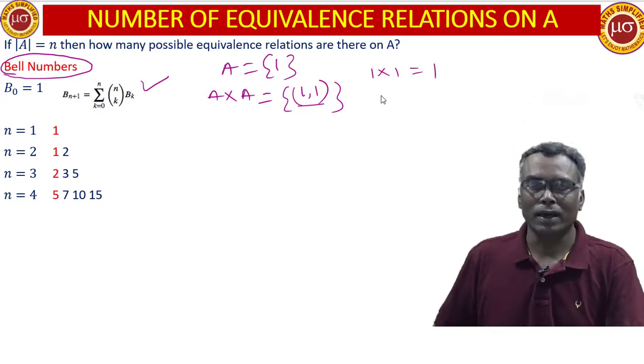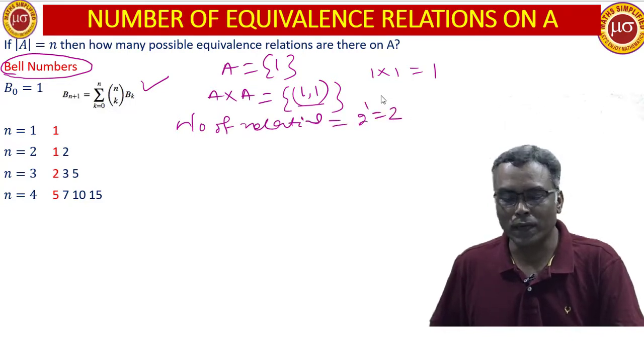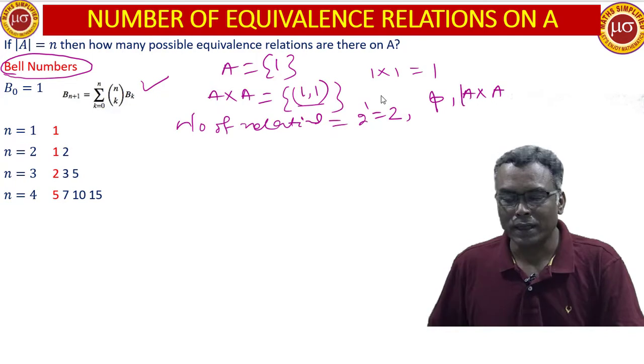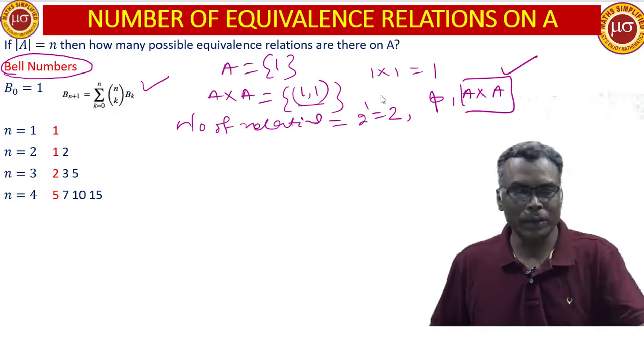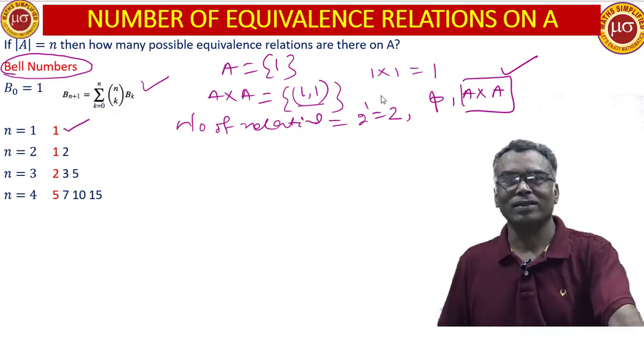One element will be there. Number of relations: how many? There will be 2 to the power 1, that is 2. Which are they? That is phi and A cross A. Out of these two, this A cross A is an equivalence relation. So, if the number of elements is 1, there is only one equivalence relation.